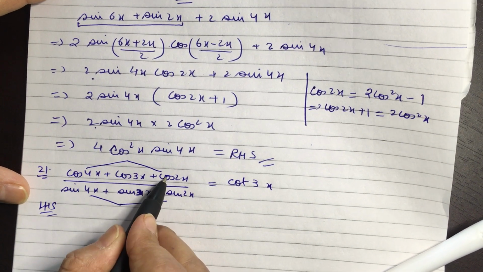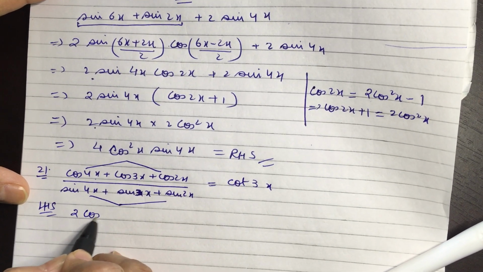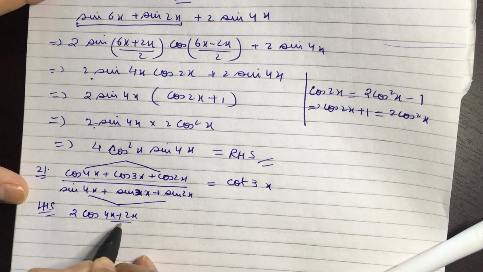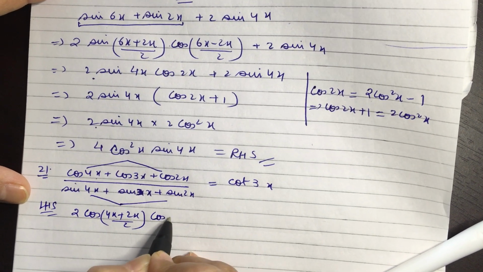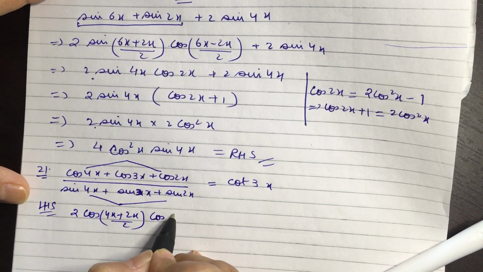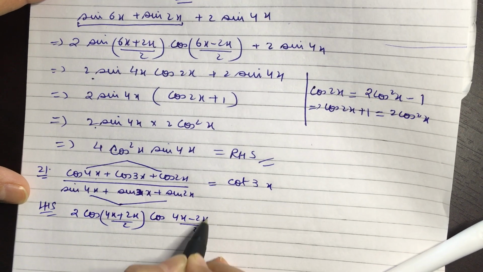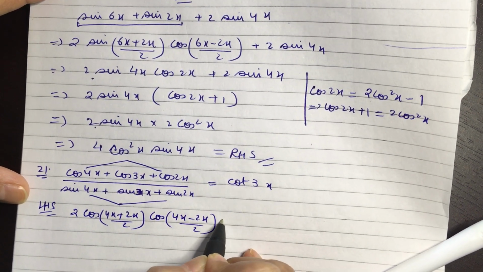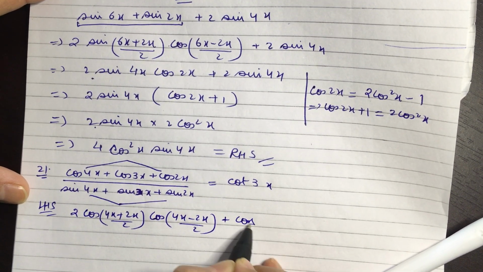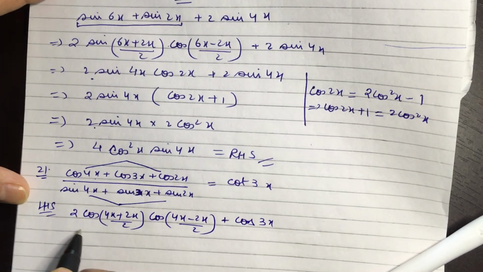Cos 4x plus cos 2x is 2 cos of (4x plus 2x) by 2 times cos of (4x minus 2x) by 2, and the remaining thing remains as it is, that is cos 3x.